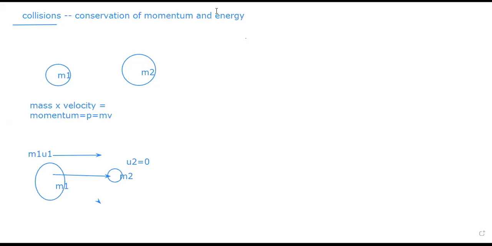This coin moves in a certain direction, suppose in this direction. So it has some final velocity after hitting, and the striker moves in another direction, and it will have some other velocity.